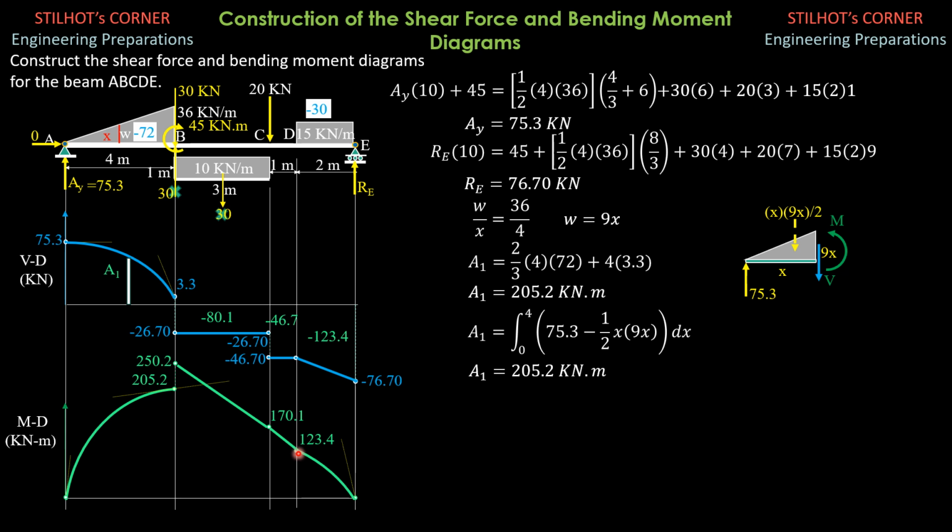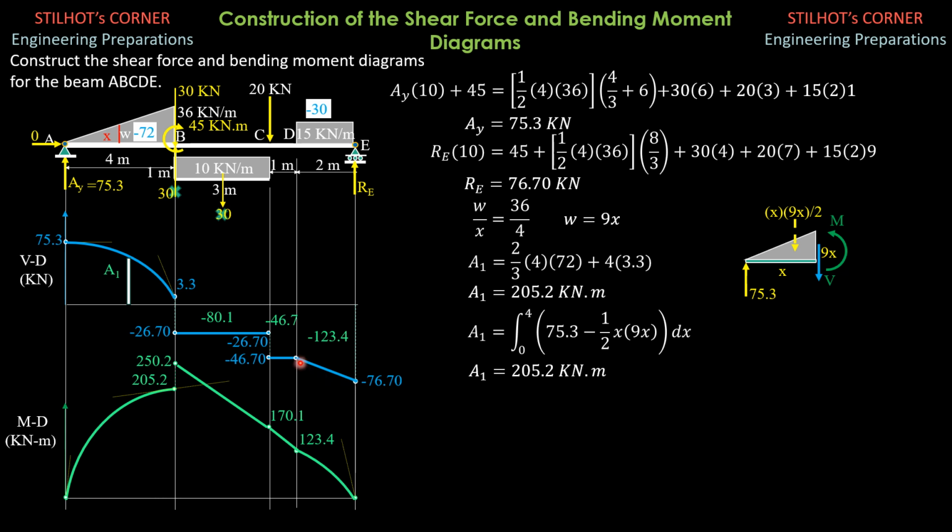Now to connect these 2 points, 123.4 and 0 here, describe the change in ordinates above, from negative 46.7 to negative 76.7. It is a negative ordinate, and it changes constantly to negative 76.7. So it is increasing constantly from negative 46.7 to negative 76.7.